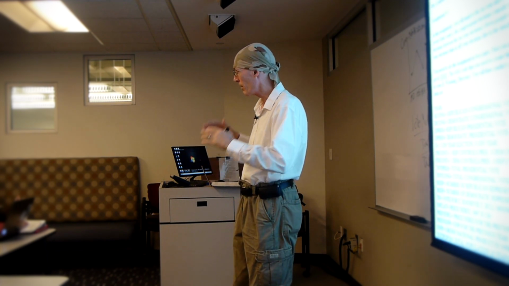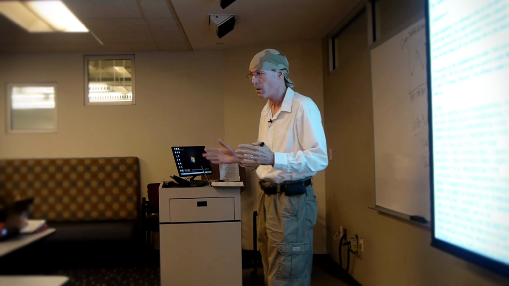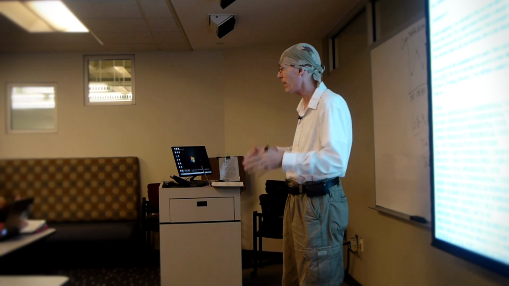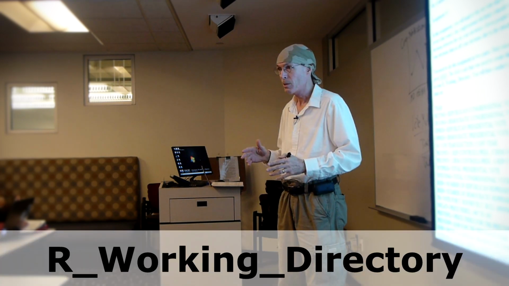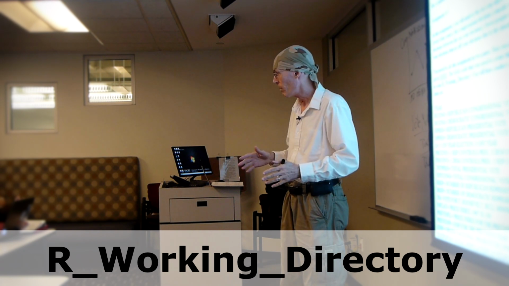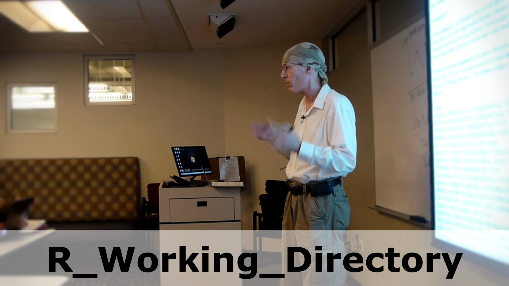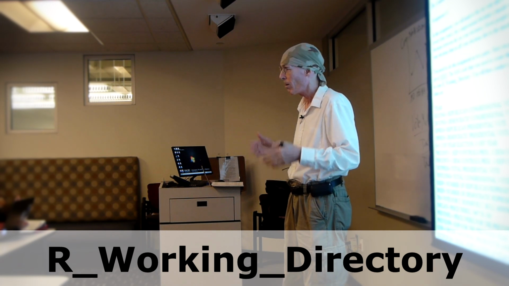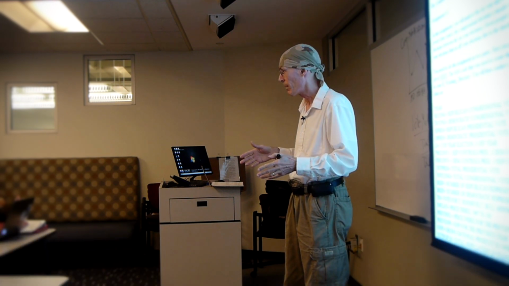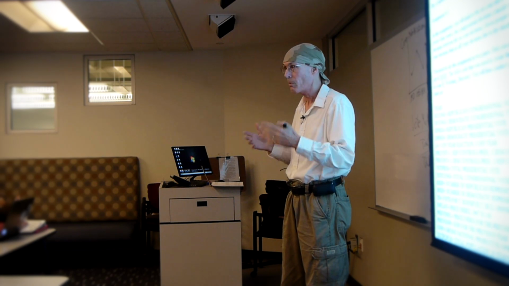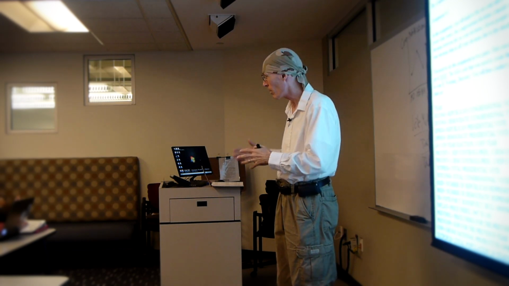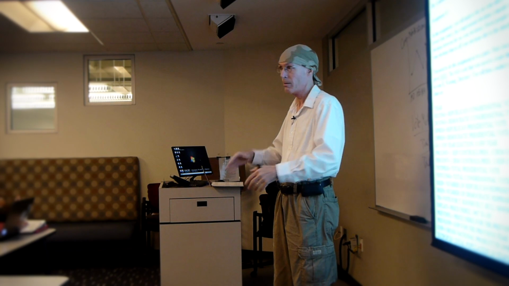Everything that you use in this course using R, you're going to dump in that directory. All the data sets and your R programs you're going to dump in that directory, and it's going to be really simple because as long as it's in that directory, R is going to know where to look for it. You won't have to specify some fancy location on your hard drive. If it's there, it knows it.